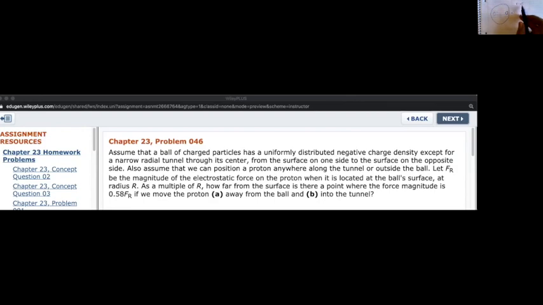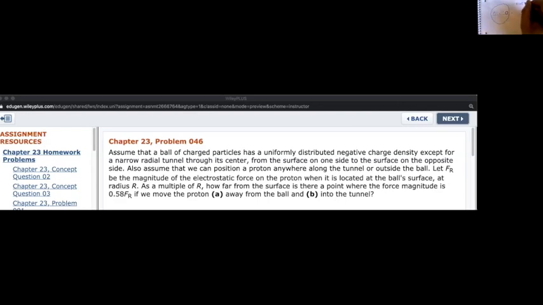If we're away from the ball, then we can just treat it as a point particle, because if we do our Gaussian surface around it, it doesn't matter if the charge is spread out over the surface, all at the center, or uniformly distributed throughout the sphere. Gauss's law doesn't care. The only thing that matters is what the total charge is on the ball. It doesn't matter how it's distributed if we are outside of the surface.